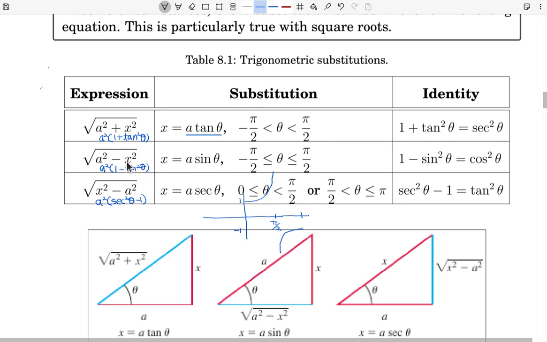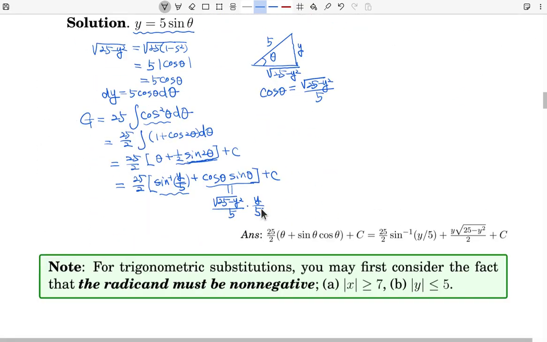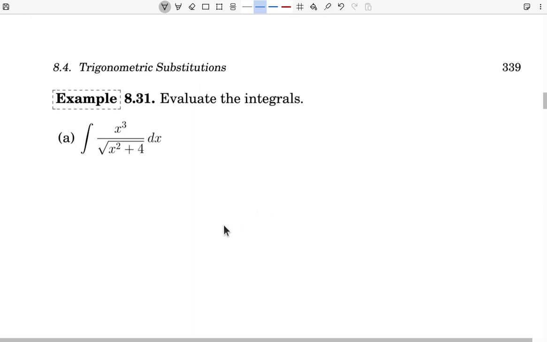For the case where x must be limited between -1 and 1, in fact minus a to a, we use sine theta. Now if x must be larger than a or smaller than minus a, then we have to choose secant theta, right? Now we'll go through a few more problems.